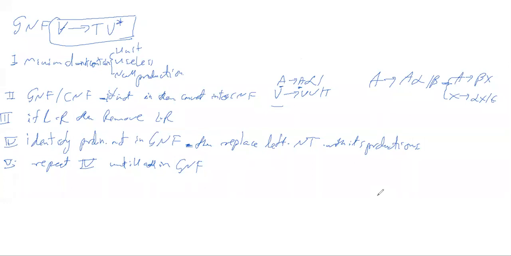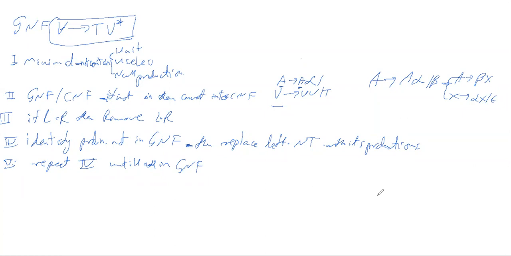Now, if left recursion exists, remove left recursion, because left recursion will exist only in CNF, not in GNF. Because GNF always starts with a terminal symbol, so we will not have any left recursion in GNF.